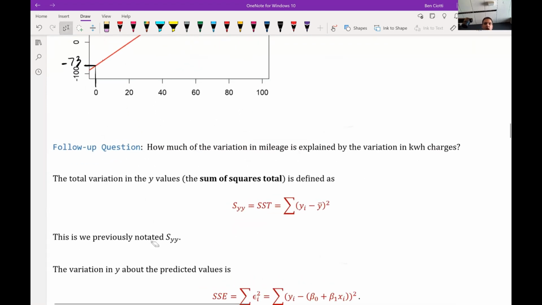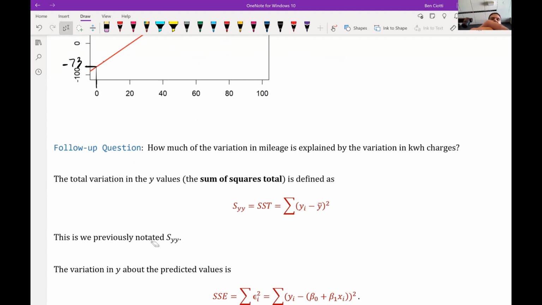I introduced about 10 minutes ago the notation S sub YY for the sum of the squares of the deviations in the Y values. We also call that, and again, I apologize for the redundant notation, the sum of squares total, or SST. So that's the sum of the squares of the deviations in the Y values.